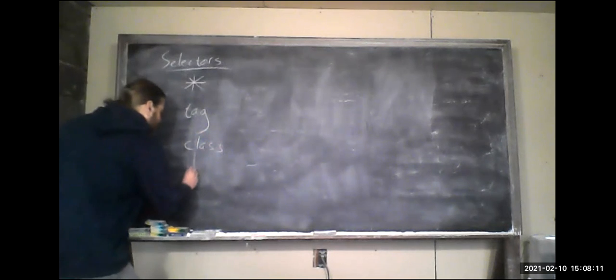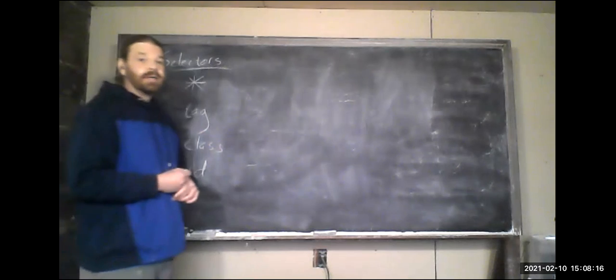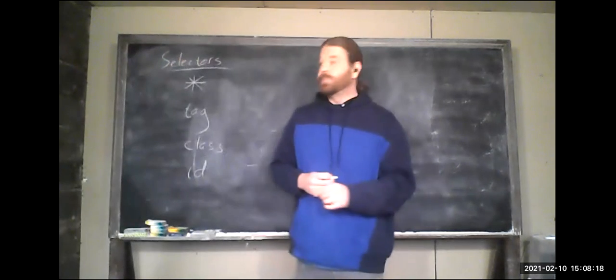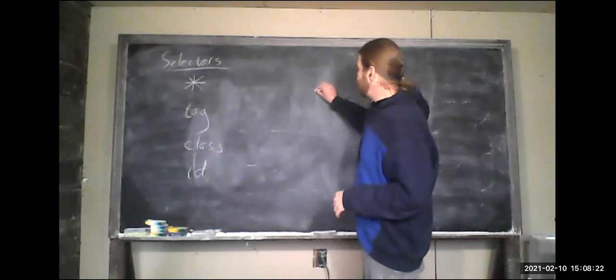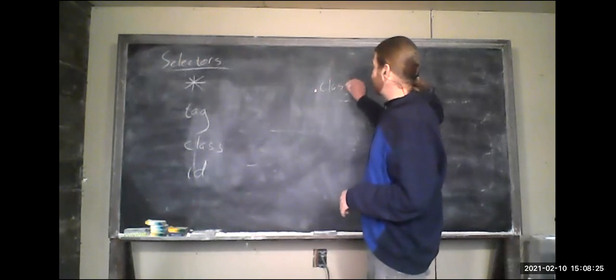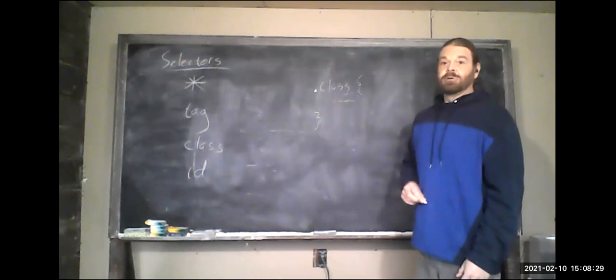And it hasn't shown up in too many examples in class, but we did do some select by ID, right? We've seen that as well, where for a class in our HTML, we do dot, whatever the class name is, and then I'll put all our style rules.